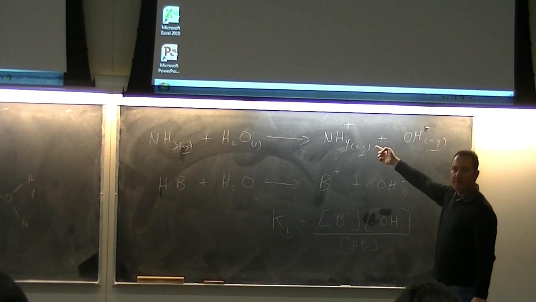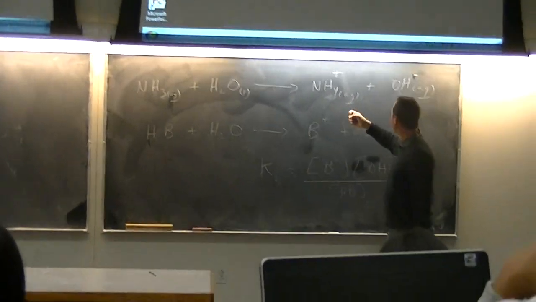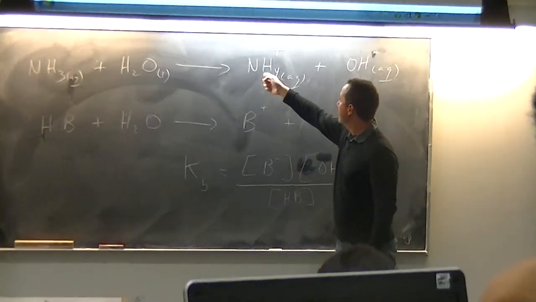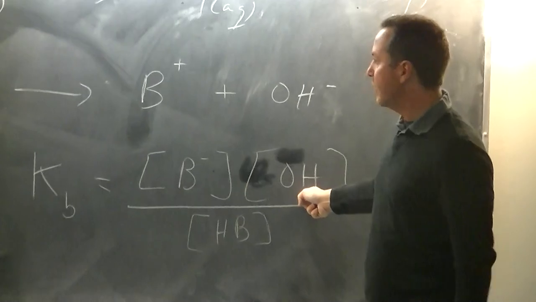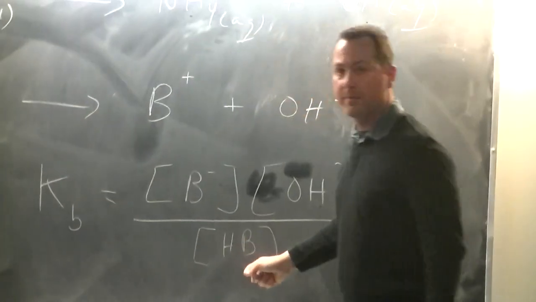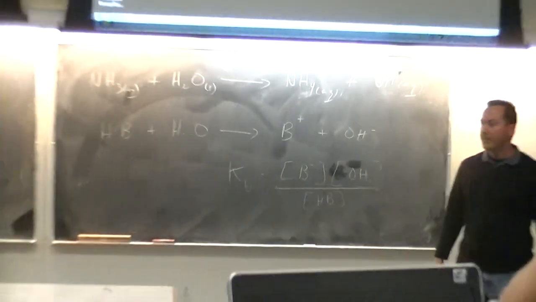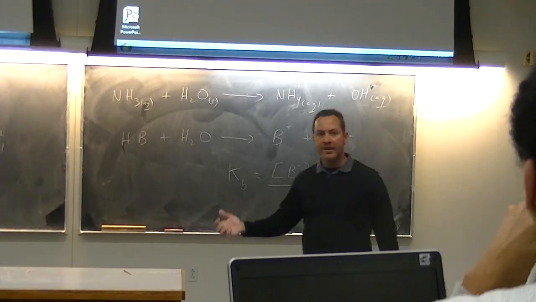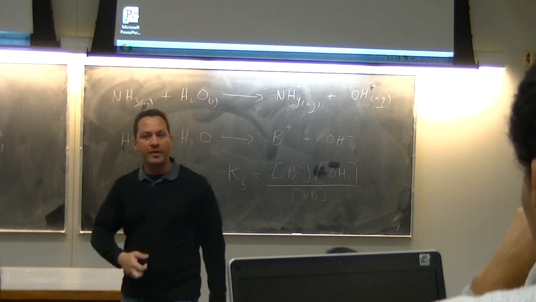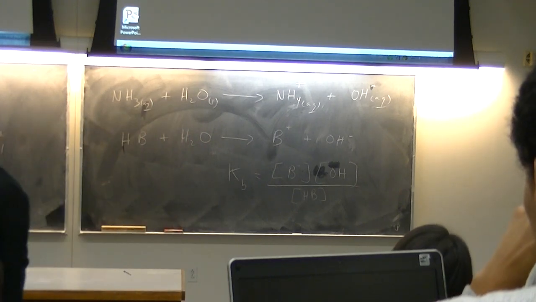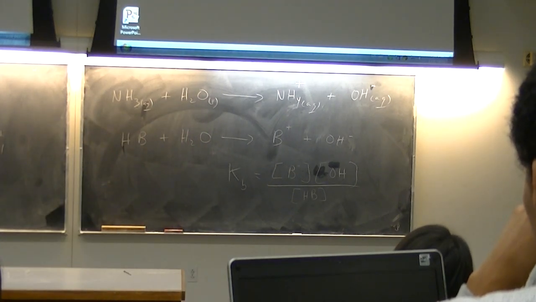If we go there, it will be the concentration of OH times the concentration of NH4 divided by the concentration of NH3. Water is a solvent, it's in excess. The concentration of water basically doesn't change, so it's not included.